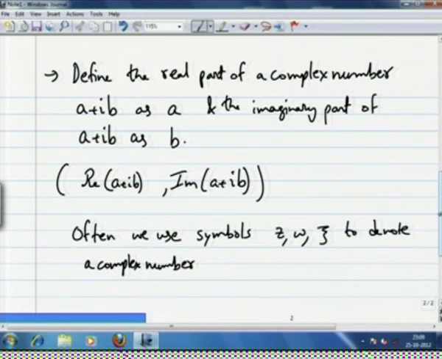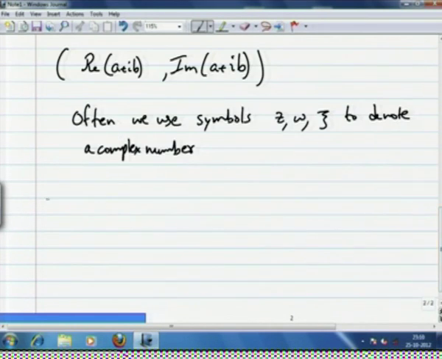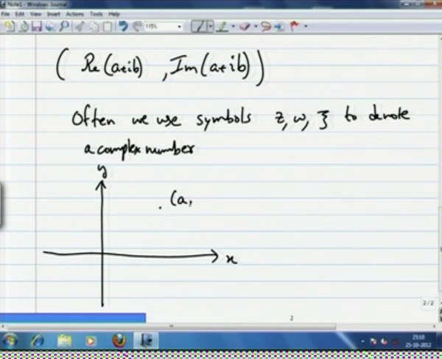Okay. And then, since a complex number is specified by a pair of real numbers a comma b, we can also represent the complex numbers on the Cartesian plane, on the xy plane, like that. Okay. So, if this is the xy plane, for the time being let us assume a and b are positive real numbers.